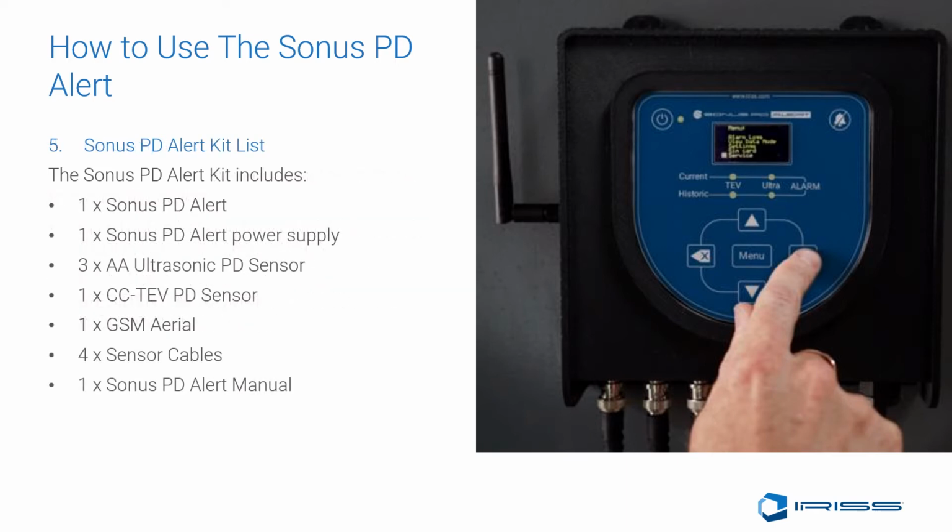Section 5, the Sonos PD Alert Kit List. The Sonos PD Alert Kit includes 1 Sonos PD Alert, 1 Sonos PD Alert Power Supply, 3 ultrasonic PD sensors, one capacitive coupler TEV PD sensor, one GSM aerial antenna, 4 sensor cables, one Sonos PD Alert manual.